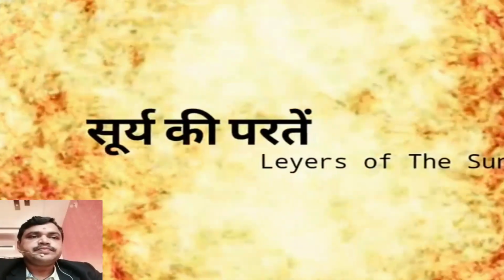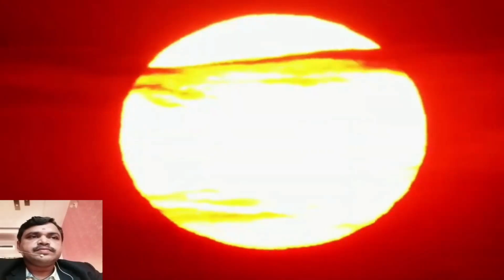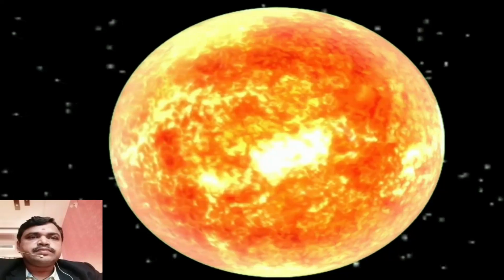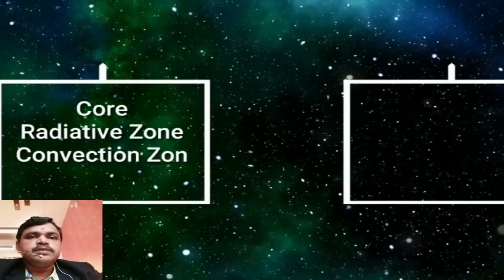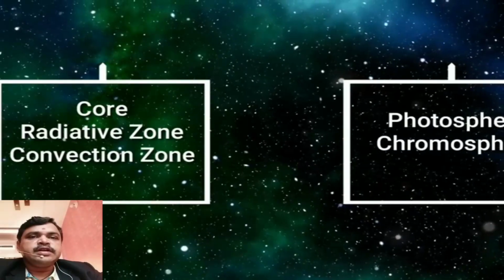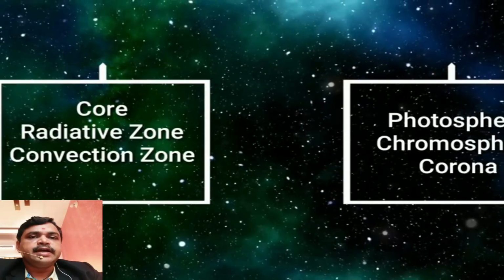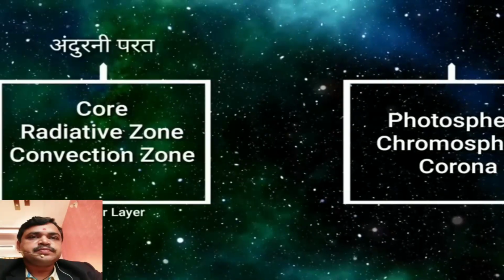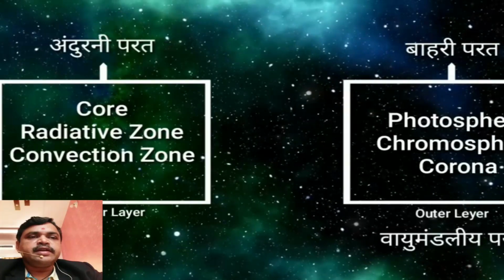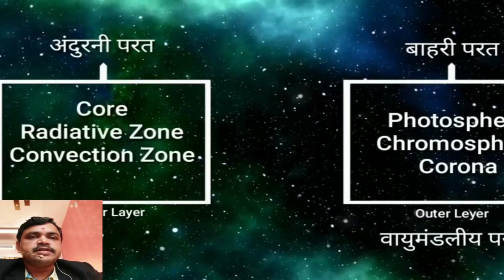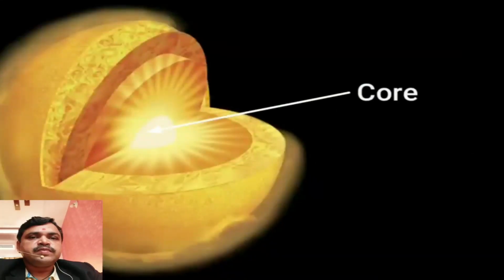In this video, we see about the sun's layers. There are 6 layers of the sun: core, radiative zone, convective zone, photosphere, chromosphere, and corona. 3 are internal layers and the other 3 are outer layers. The center part of the sun is known as the core.